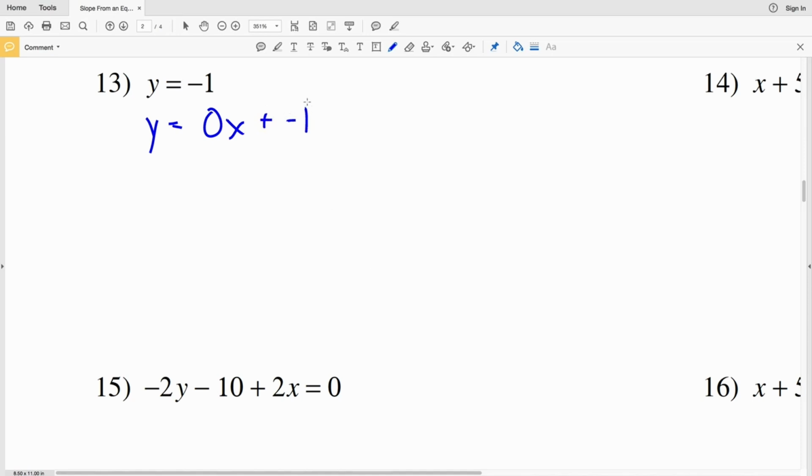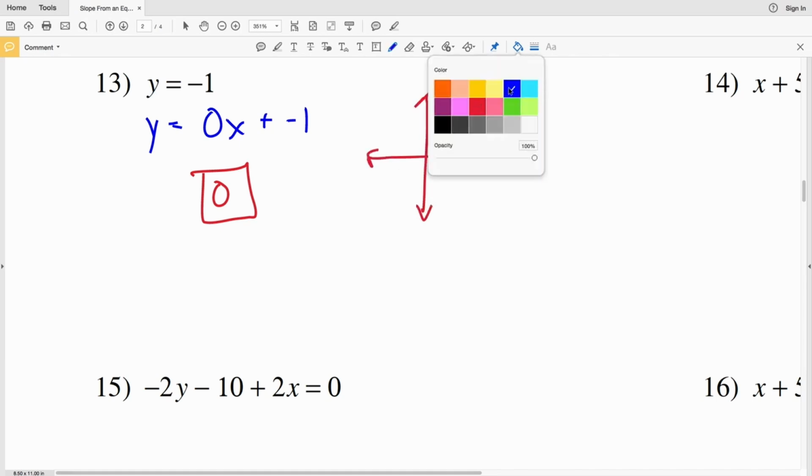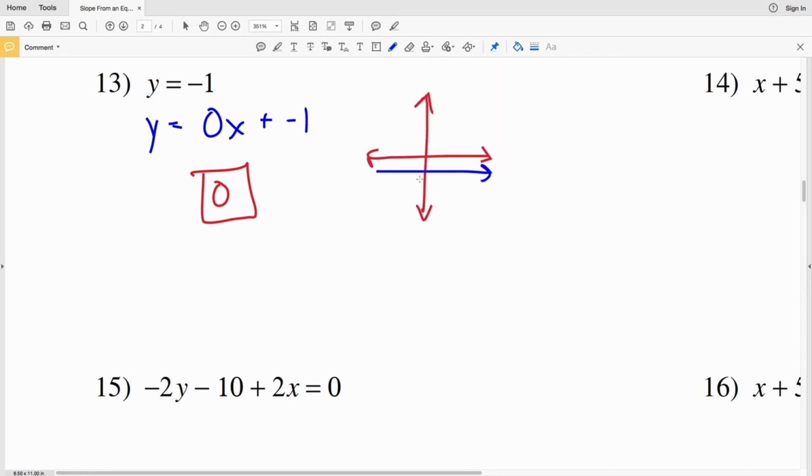So our b is that negative 1, and our m, since there's not an x in this equation, our m would be 0. So the slope for y equals negative 1 is 0. You can also think if y is equal to negative 1, on our graph, we would just have a horizontal line. And we know that whenever there's a horizontal line, the slope is equal to 0.